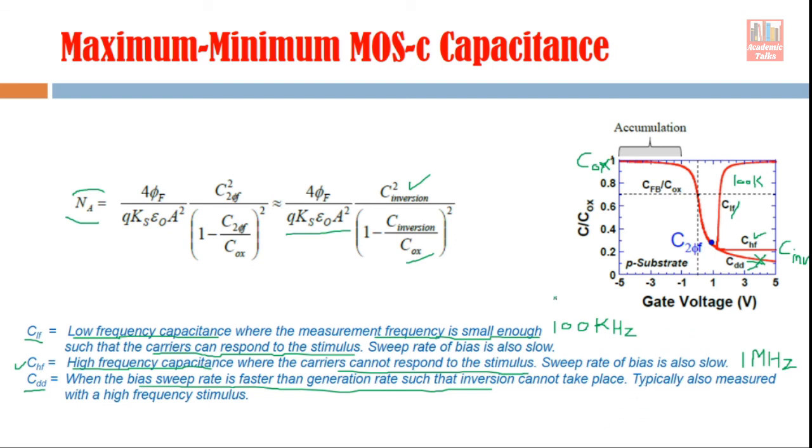So now the topic is over from my side. In this equation, all these parameters are constant values, and only the lowest capacitance, C inversion, and C ox, which is the maximum capacitance, these two values you have to take from this graph and put in this equation, and you get the dopant concentration.